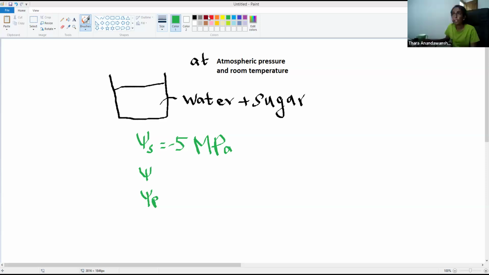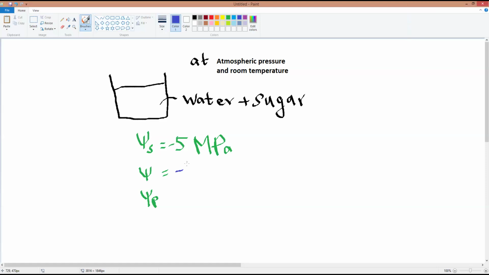Easy, no? Did you find the answer? Yes, teacher. The psi value is what? Minus 5 megapascals.